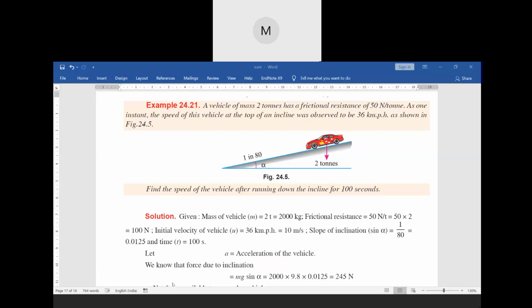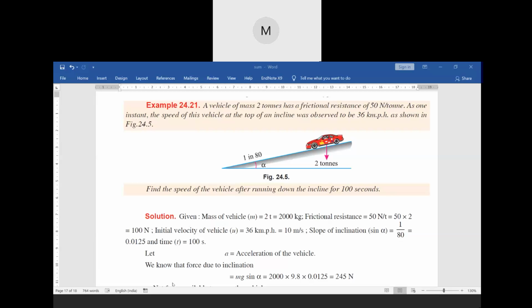So if you can see in the question, the vehicle has a mass of 2 tons. So 1 ton is equal to, always remember, 1 ton is 1000 kilograms.